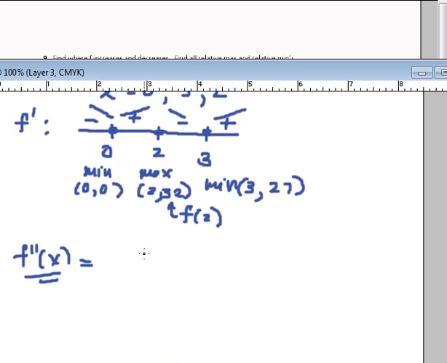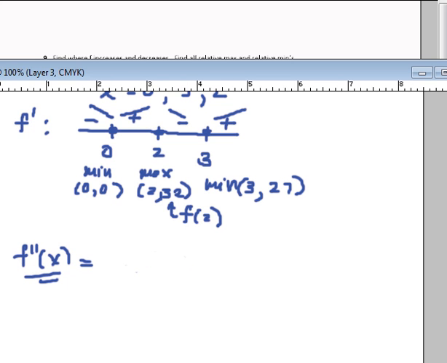I was just rewriting f prime of x over there.